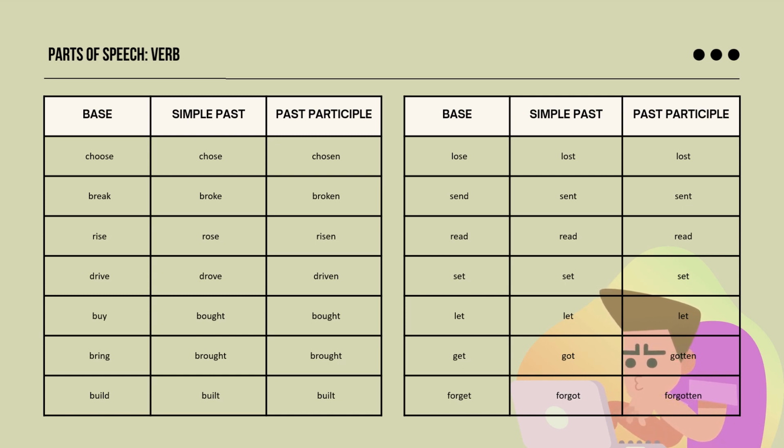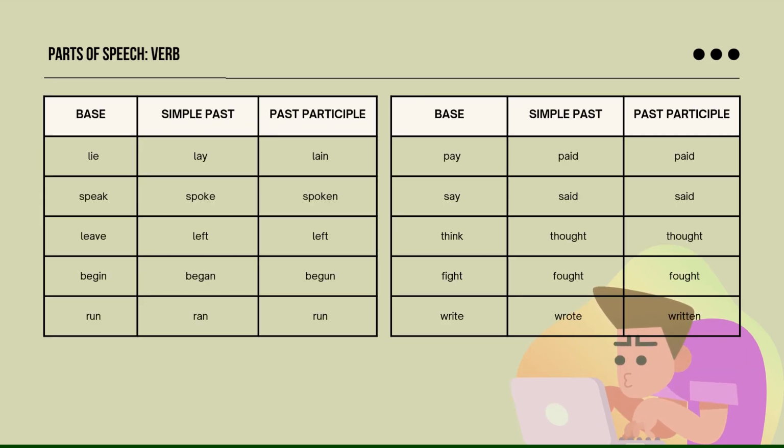Then the following words are still the same in the base, simple past, and past participle: read, read, read; set, set, set; let, let, let. Then here it changes: get, got, gotten; forget, forgot, forgotten.